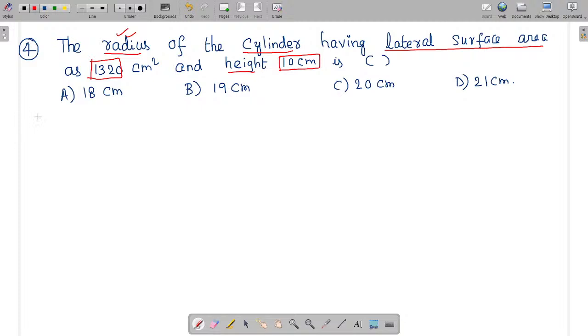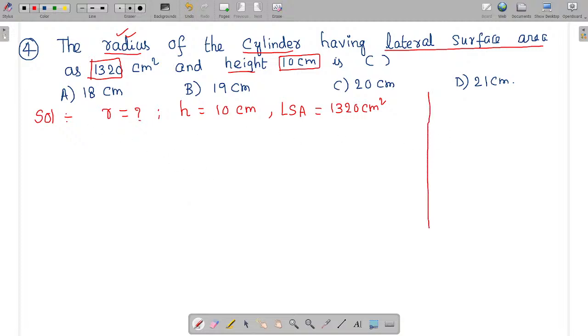So radius is not given, r is equal to question mark and height is equal to 10 centimeters. Lateral surface area of the cylinder is 1320 centimeter square. This is the given data. Now we need to find the radius, so first of all we need to recall the formula.